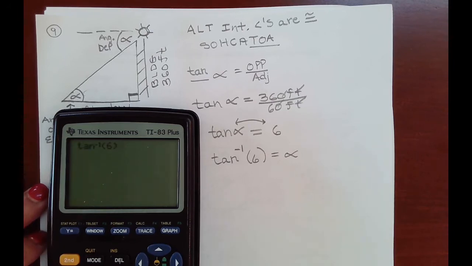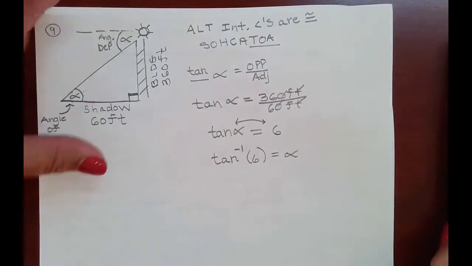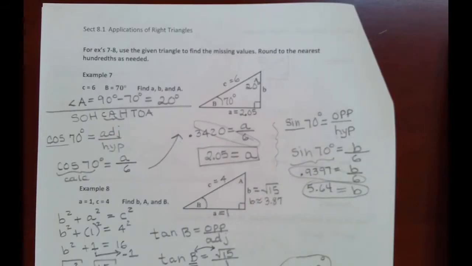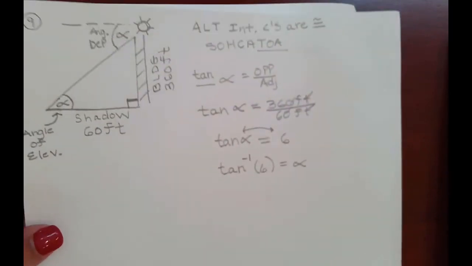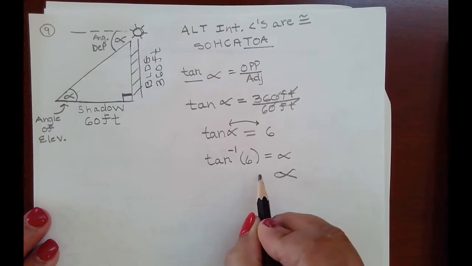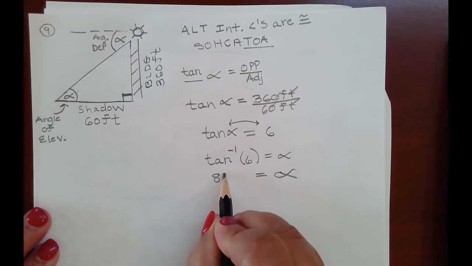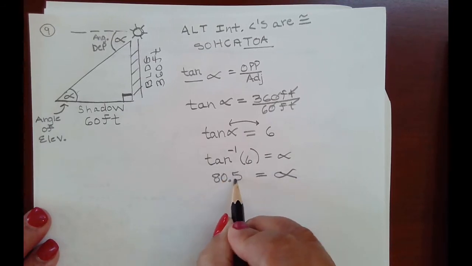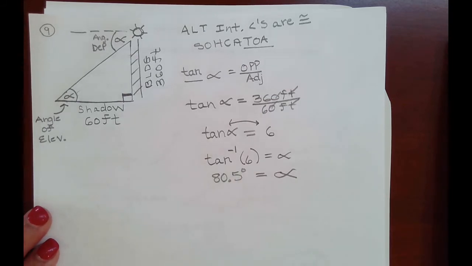Dump the 6 in there, close it, and you have 80 point, let's see what that said to round to the nearest tenth. Okay, so 80.5. Alpha angle is equal to 80.5, and that's in degrees.